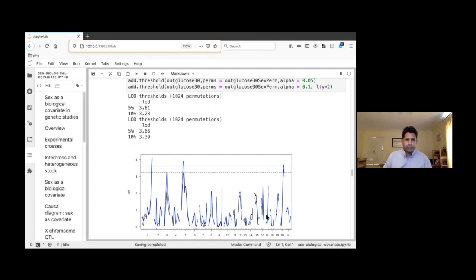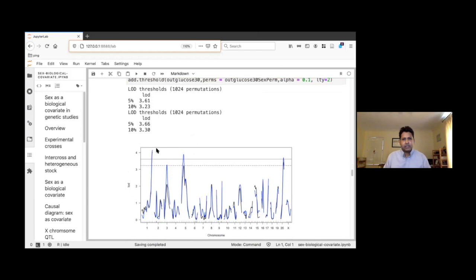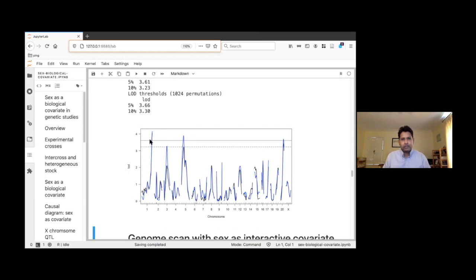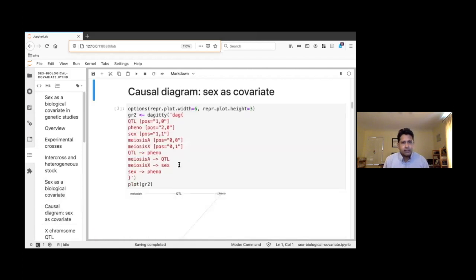If I look at this here, there's one that clearly exceeds 0.05, and there are two that are at or near the 10% threshold. Now, after this adjustment, I have 3 Qtl that are above the 5% threshold. So that's the advantage of adjusting for sex as an additive covariate when you know that it has a strong independent effect.